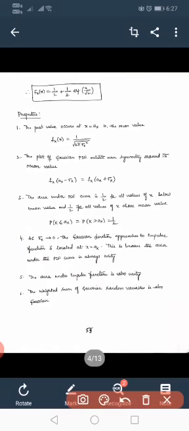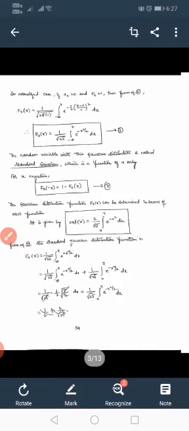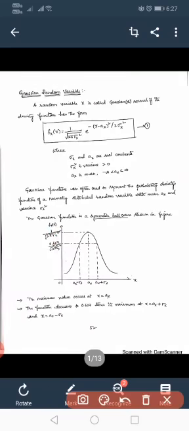Next property, as sigma x tends to 0, the Gaussian function approaches the impulse function delta located at x equal to ax. This is because the area under the PDF curve is always unity. So here in this bell curve, we know that on either side of the mean value, the values are ax minus sigma x and ax plus sigma x.